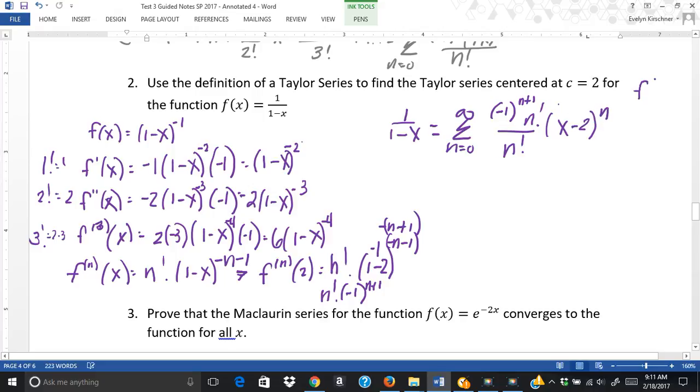Because it's f of the n over n factorial times (x minus c) to the n. My c is 2. So I can simplify this because these go away. So it's the sum n equals 0 to infinity of negative 1 to the n plus 1 power times (x minus 2) to the n.